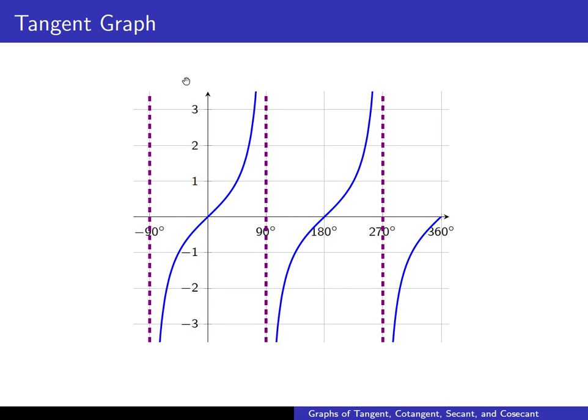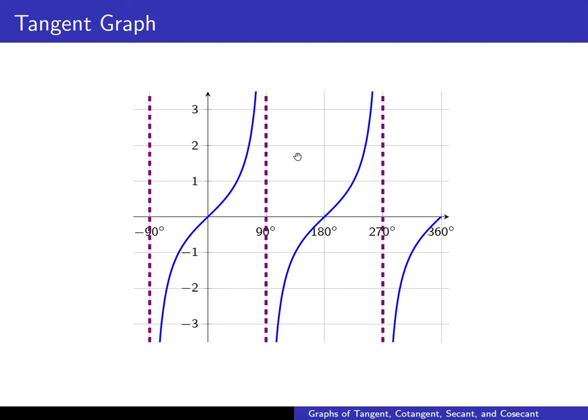So here we have the graph in blue of the tangent of x, and notice at negative 90 degrees, positive 90 degrees, 270 degrees, we have these vertical asymptotes. It would work the same for radians: negative pi over 2 radians, pi over 2 radians, 3 pi over 2 radians as well.